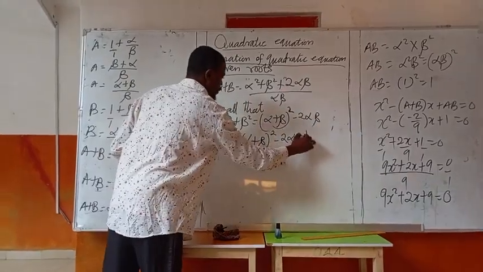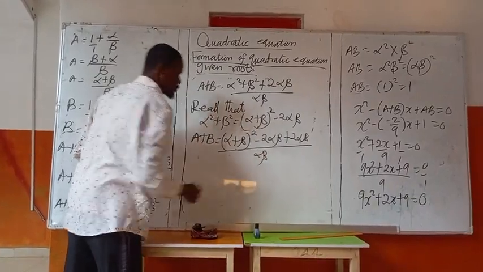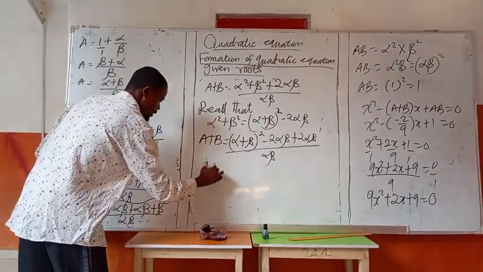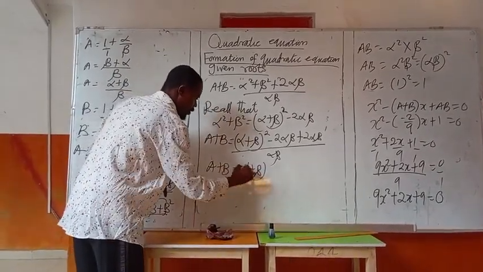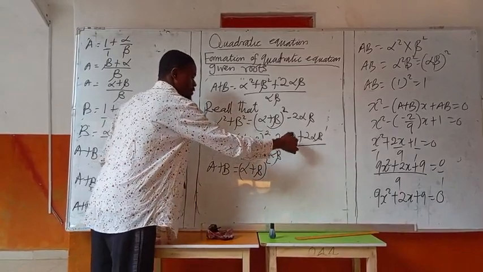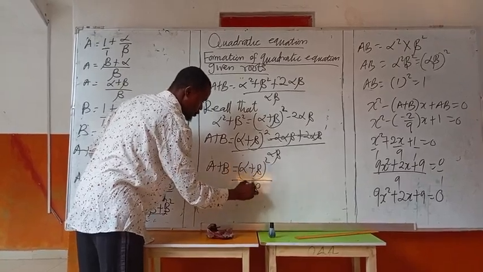Then there's another one here, plus 2 alpha beta all over alpha beta. We now have A plus B is equal to alpha plus beta all square minus 2 alpha beta plus 2 alpha beta, it will cancel, all over alpha beta. This is what we have as A plus B.